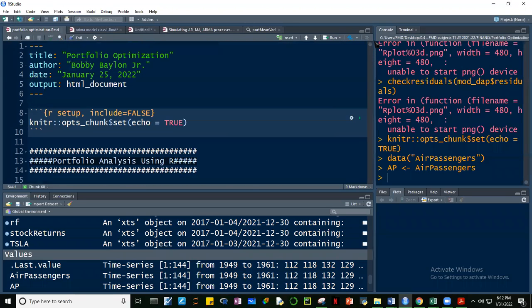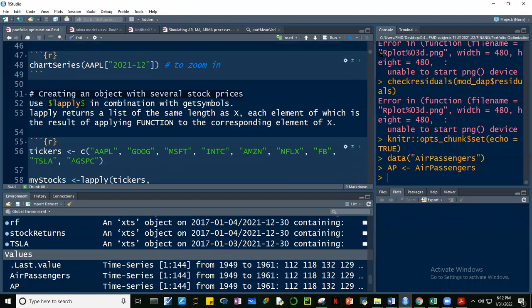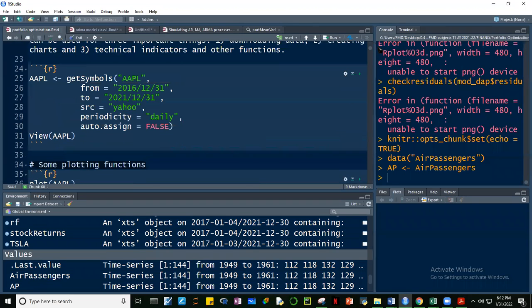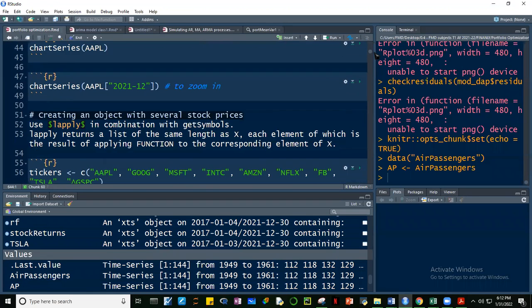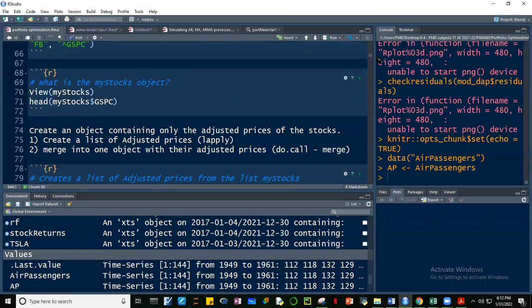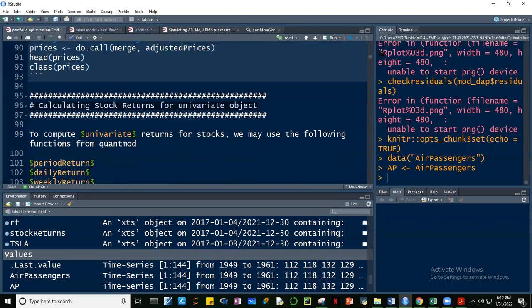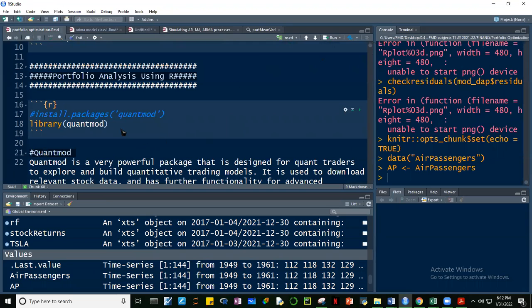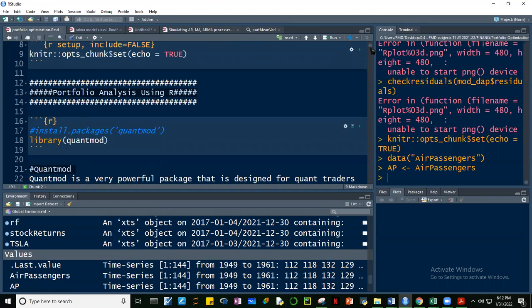So in this software, for example, we downloaded Apple, and we plotted Apple also. So let me just show you quickly. If you're using R, there are many packages that you may use.